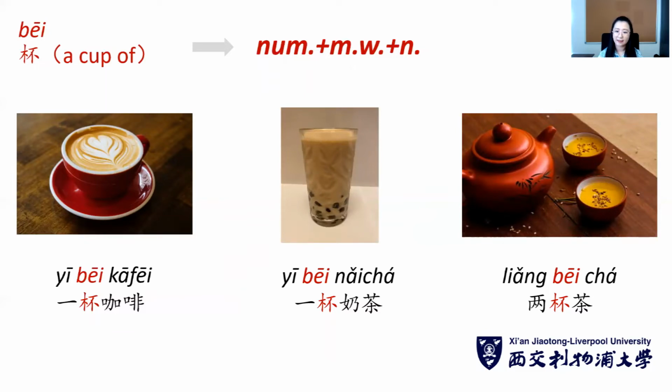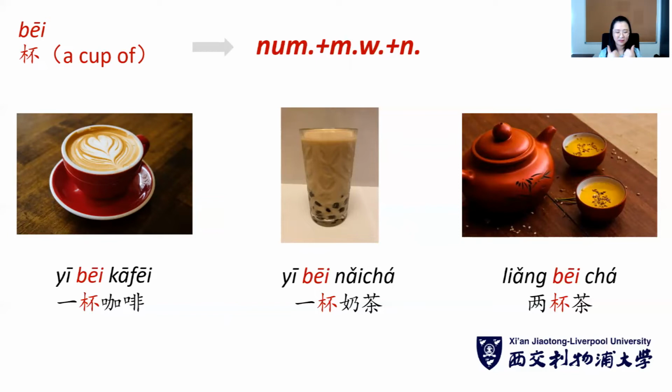We will use 两 instead of 二 before the measure word. So 两杯茶. I go to a cafe and I tell the seller I want 2 cups of coffee. How to say that? 我要两杯咖啡.